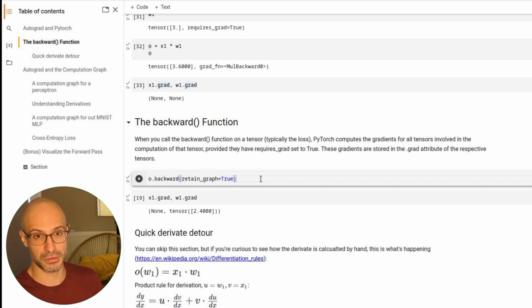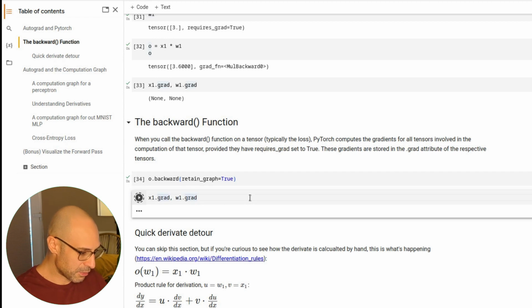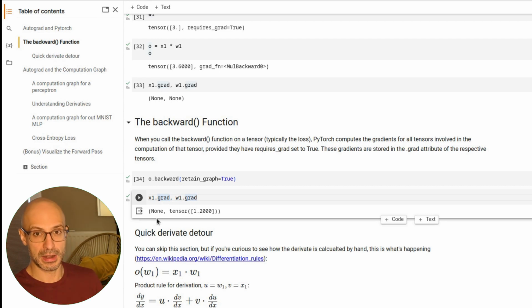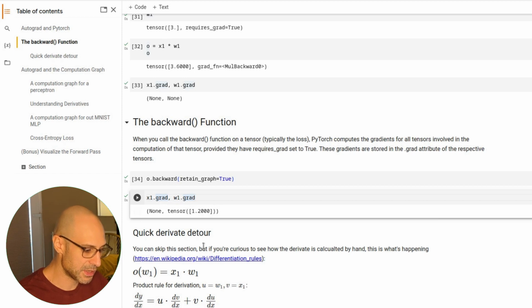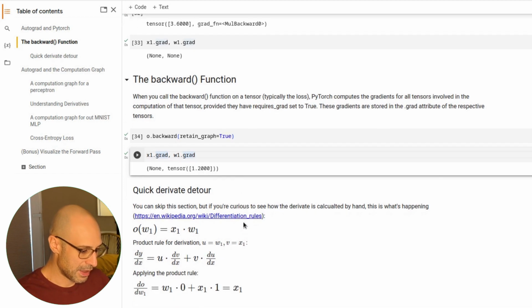I want to show that to you in a second. But anyway, if we take a look now at the gradients, x1 doesn't have a gradient because remember it had requires_grad set to false, but w1 had a gradient. So now the derivative has been calculated for it, and you can see that the derivative is 1.2.